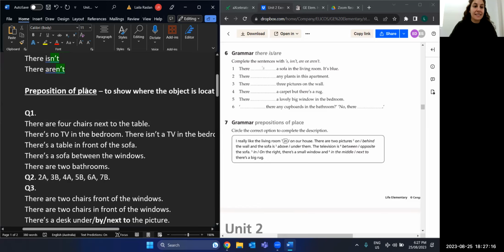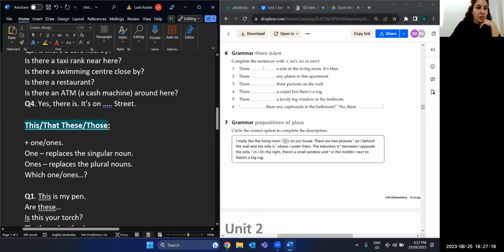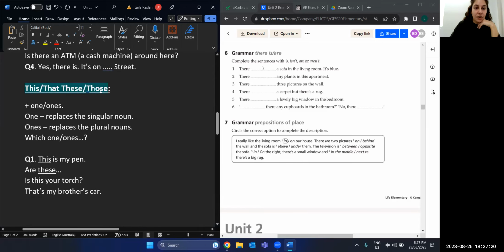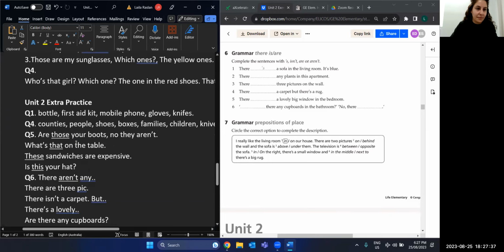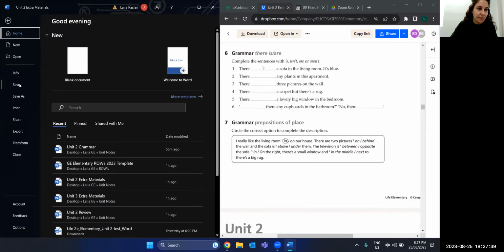Preposition of place, where is it? And then we looked at this, that, these, and those. In conversations, this is if you want to introduce someone, this is my book. So singular or plural, and instead of repeating the noun, we can use ones. That's what we did in Unit 2.